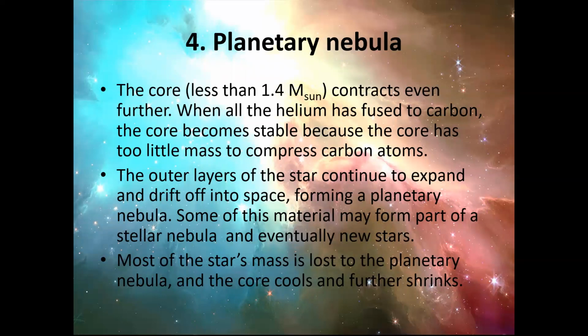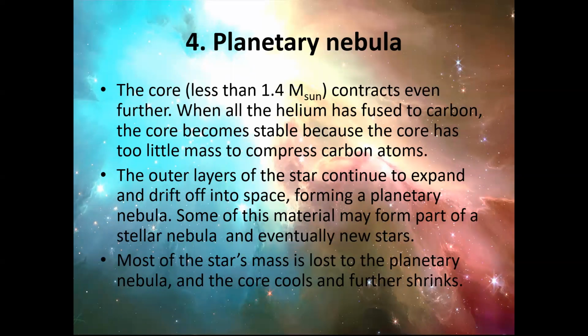The fourth point there is a planetary nebula. So basically contracting is taking place even further, and all of the helium has now fused into carbon. The core becomes stable because the core has too little mass to compress carbon atoms. So carbon basically can't be compressed anymore.